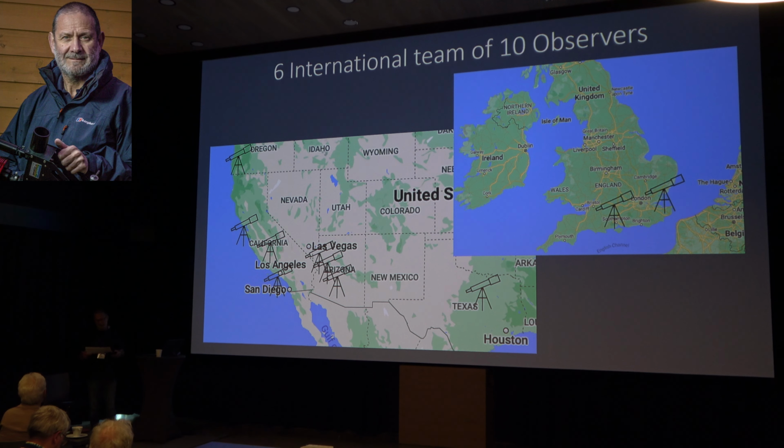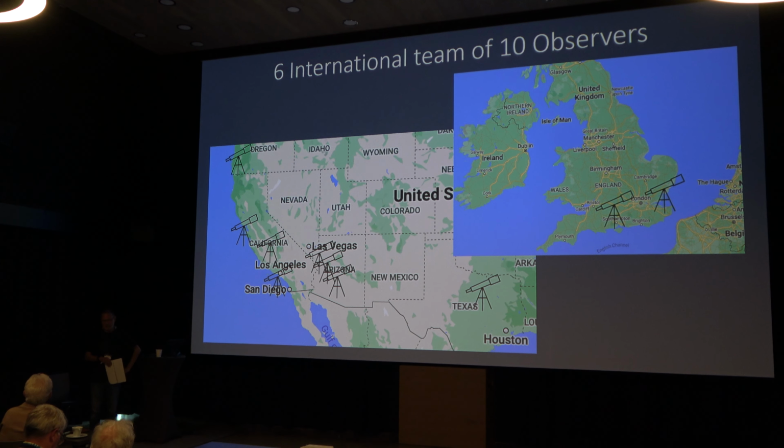So the other targets are AD Leo, BY Draconis, and currently CR Draconis. Now, the thing about CR Draconis is that we have a professional astronomer, Dr. James Jackman. He was at University of Warwick in England.